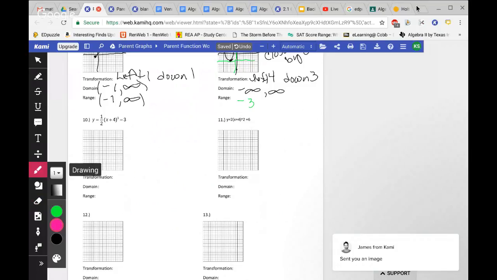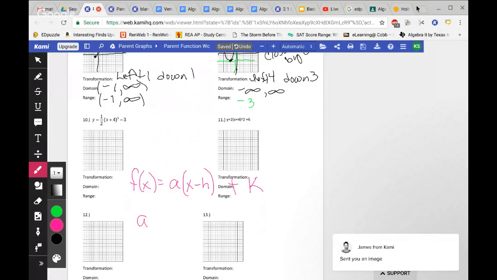A general rule is f of x equals a, and then you've got your x minus h, and that can be squared, cubed, the square root, or whatever it is. That's just a general form, plus k.